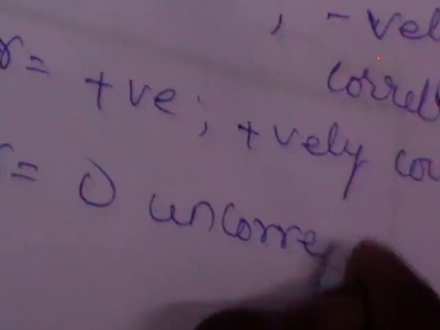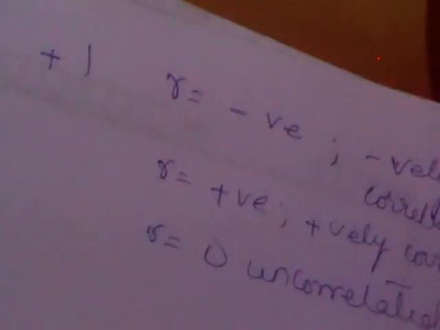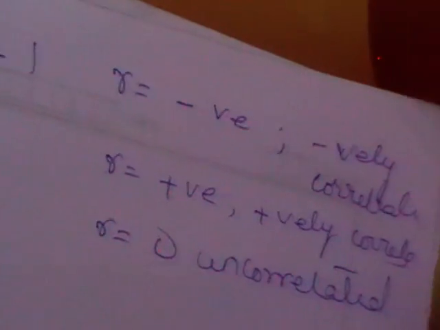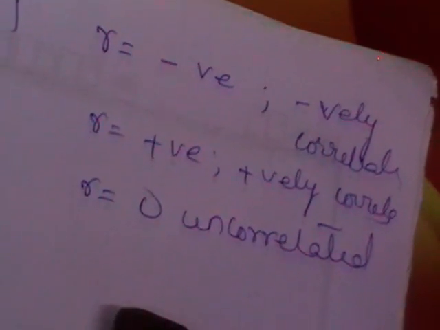Whenever r is 0, we say that there is no correlation between them, or the two variables are uncorrelated. So r is given by covariance of x divided by sigma x sigma y. The r value always lies between -1 and +1. Whenever r is equal to -1, the variables are negatively correlated. r equal to +1, positively correlated. r equal to 0, they are uncorrelated variables.